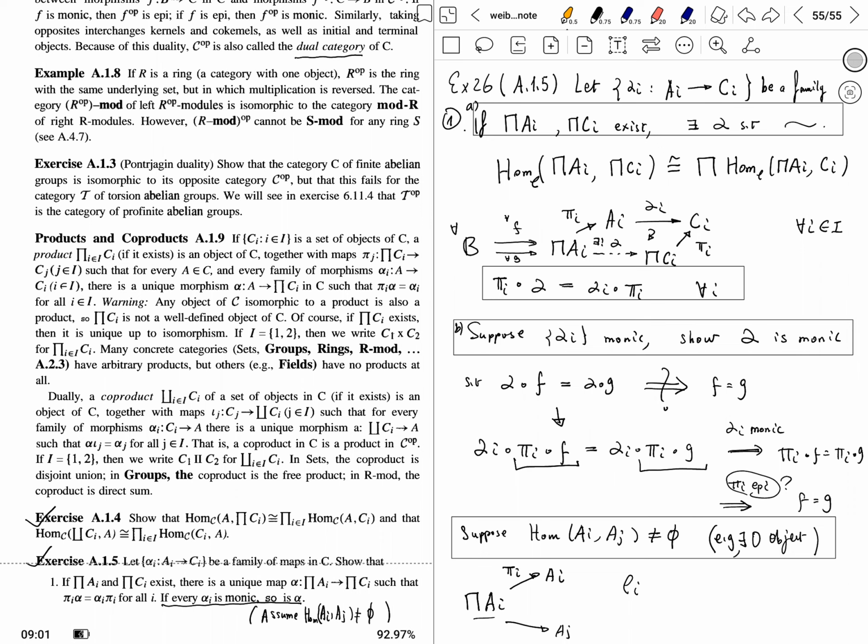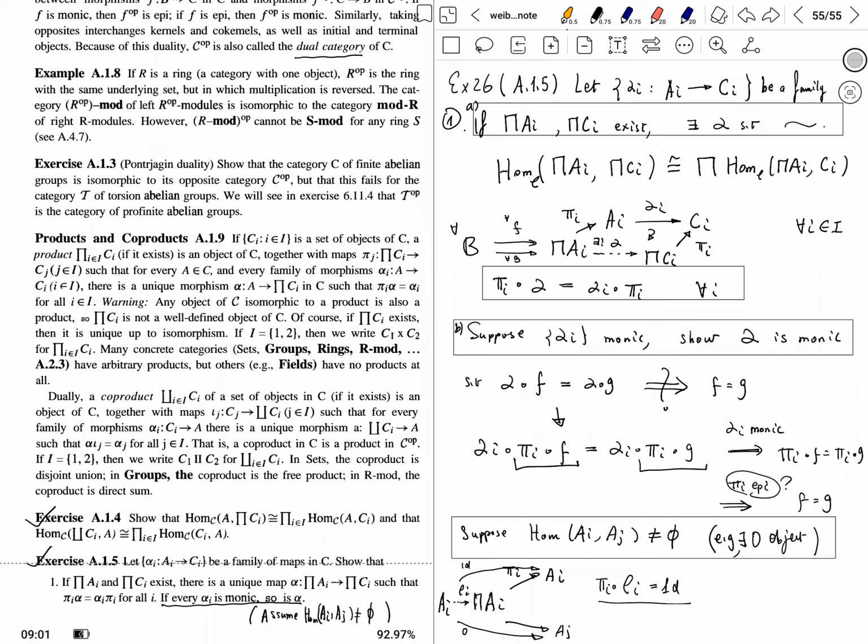This is my universal object, so I put my test object further. This is the identity, and this is some morphism, for example the zero. By the universal property of the product of A_i, there exists a morphism rho_i such that first applying rho_i and then pi_i gives the identity. That's all I need.